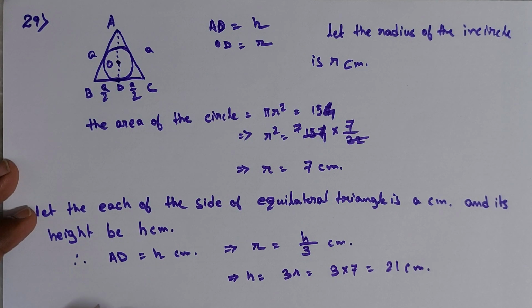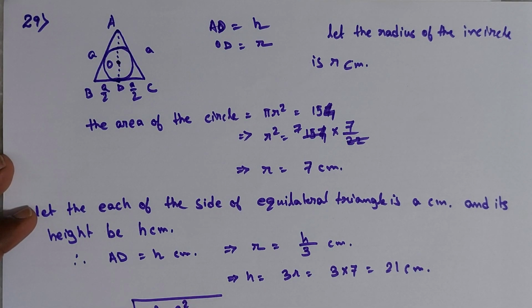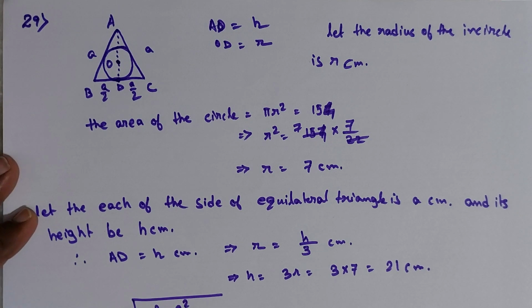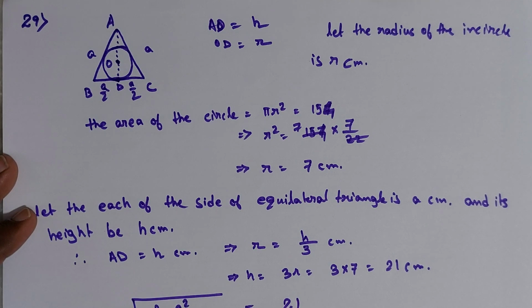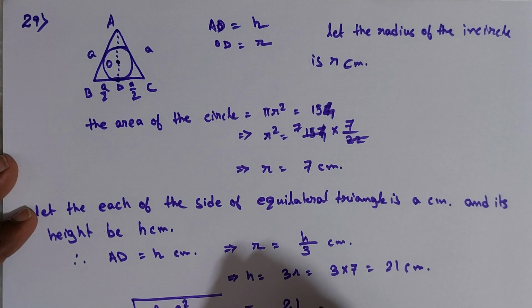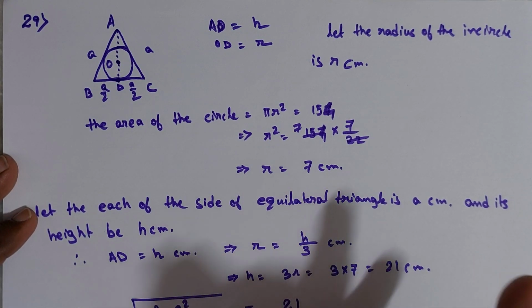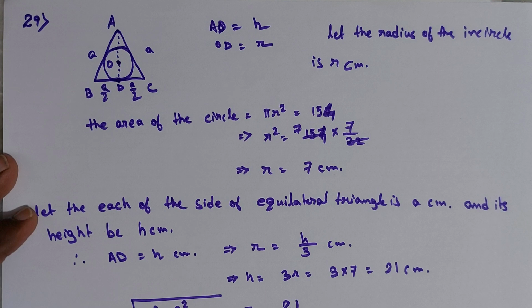So therefore h equals root under a square minus a square by 4. This is the formula for an equilateral triangle, isn't it? So here this equals 21, or a square minus a square by 4 is equal to 21 square. Okay.